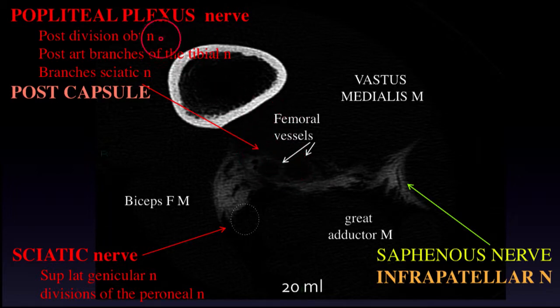And in this area, you will find the popliteal plexus that contains branches of the obturator nerve, of the tibial nerve, of the sciatic nerve, and that is responsible for the innervation of the posterior capsule. Moreover, we have local anesthetic going very close to the sciatic nerve, and from this area, you will have the genicular branches.